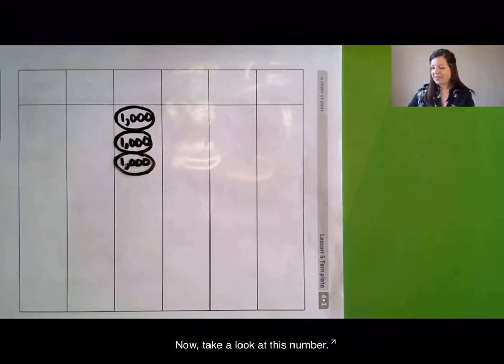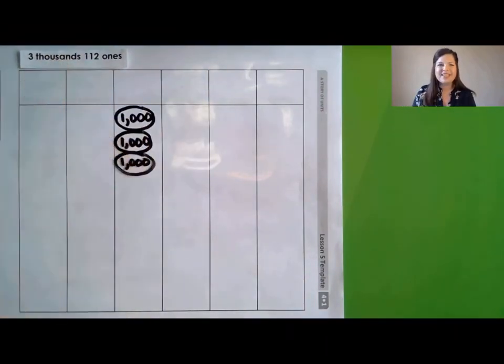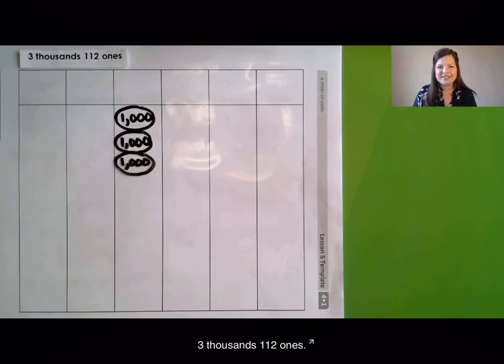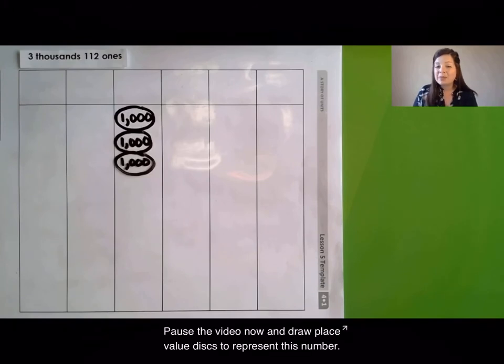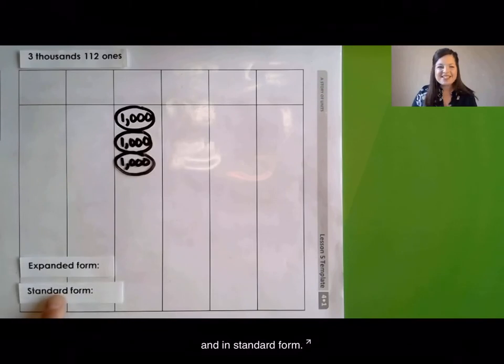Now, take a look at this number. Say this number out loud. 3,112 ones. Pause the video now and draw place value discs to represent this number. And then I also want you to write it in expanded form and in standard form.